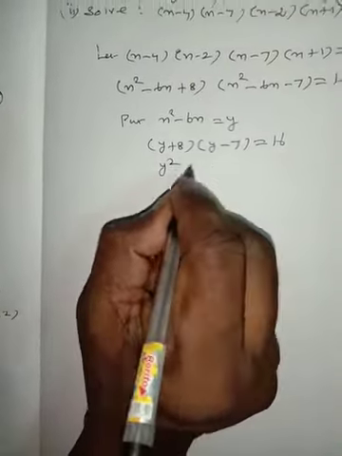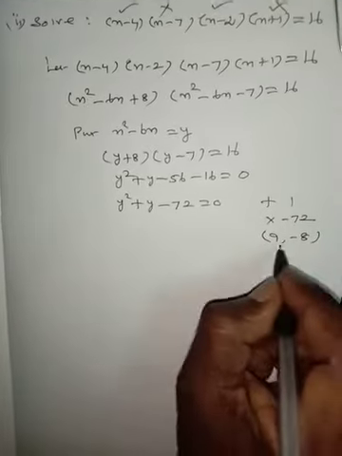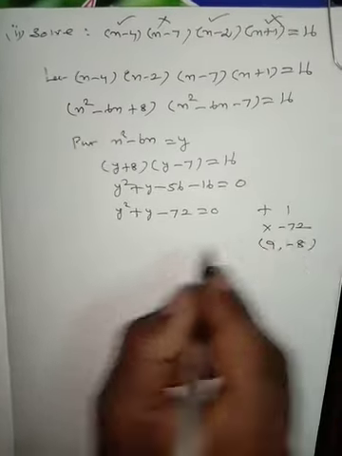Take two numbers, adding we get one, product gives minus 72. The numbers are 9, minus 8. Adding this gives 1, product gives minus 72.